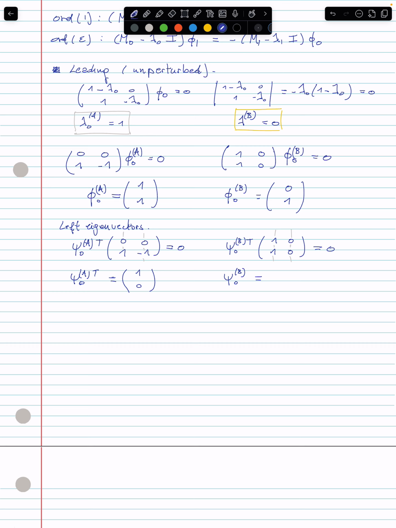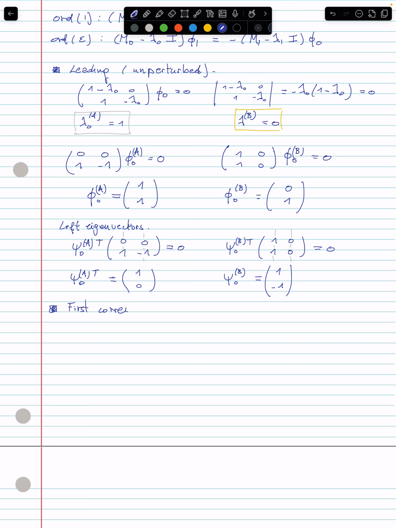And so the vector that is orthogonal to 1, 1 is just 1 and minus 1. Okay, this solves completely the leading order, so now we can just have a look at the first correction.